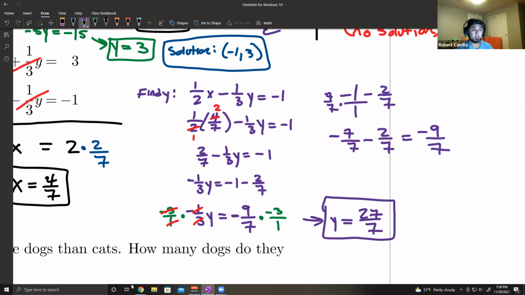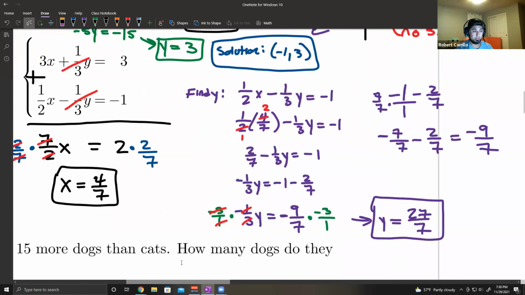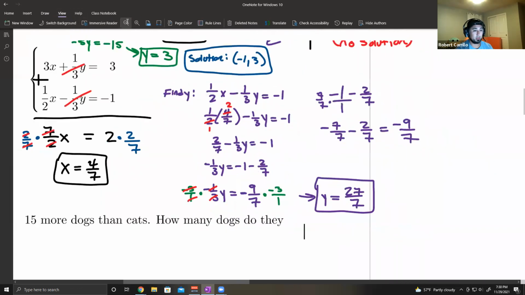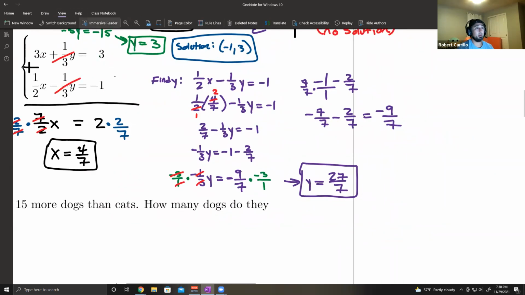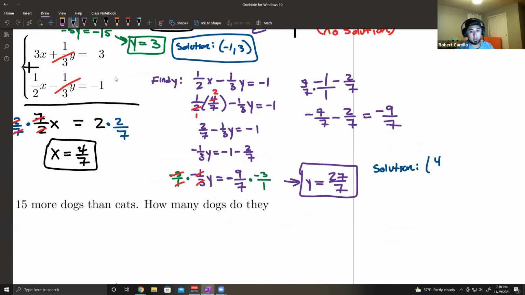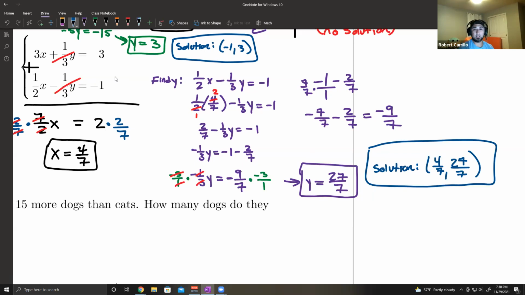So gross. And there it is. Our solution is 4/7 and 27 over 7. Gotta love those fractions, huh?